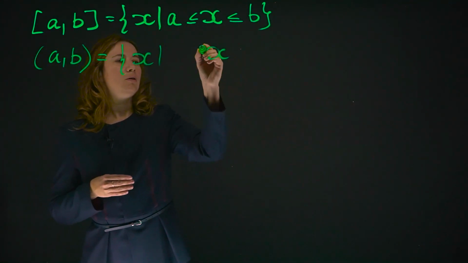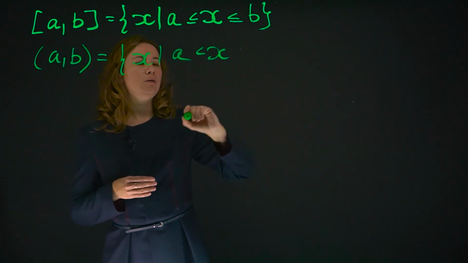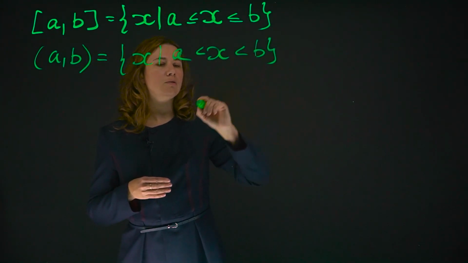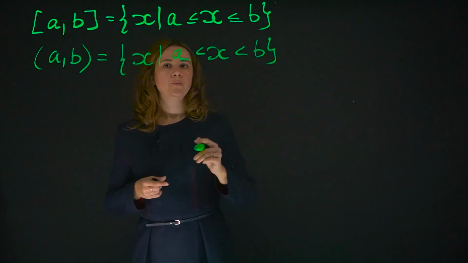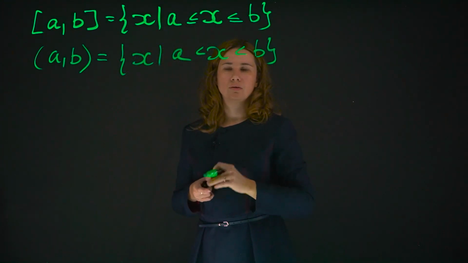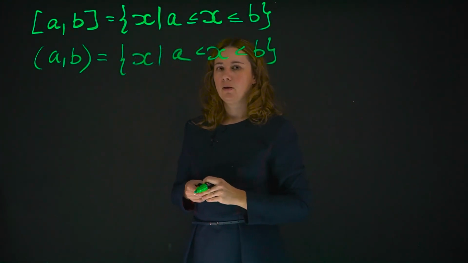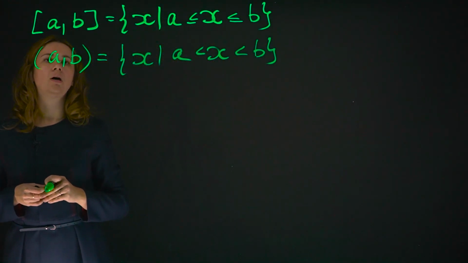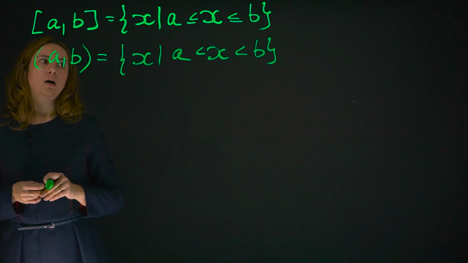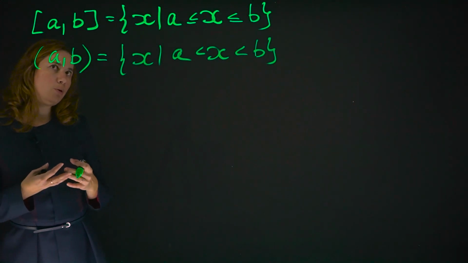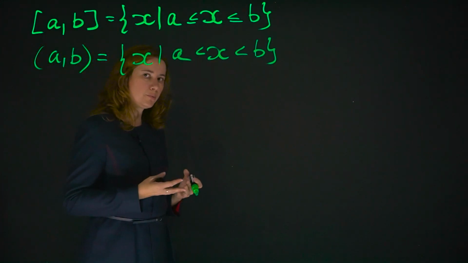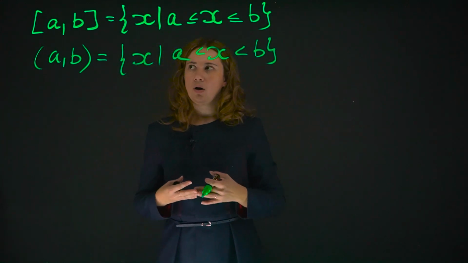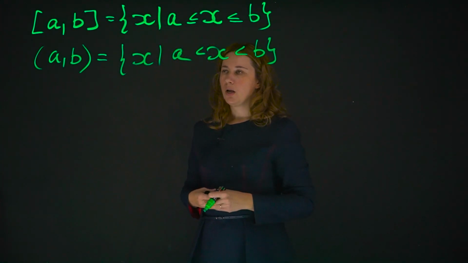Here, x is greater than A and less than B. So we are dealing with two strict inequalities, and our endpoints are excluded. Well, now I want to find the supremum and the infimum of these two sets.